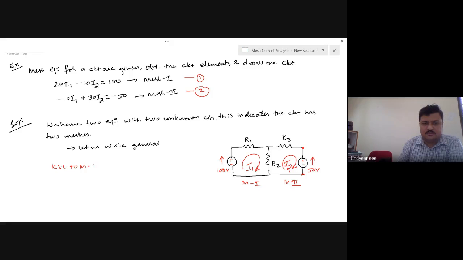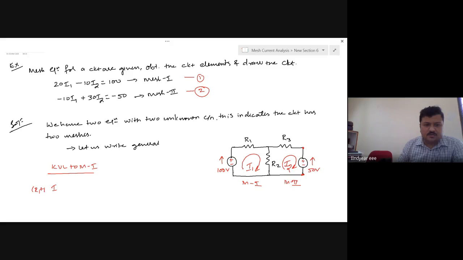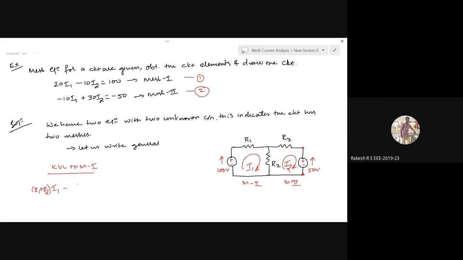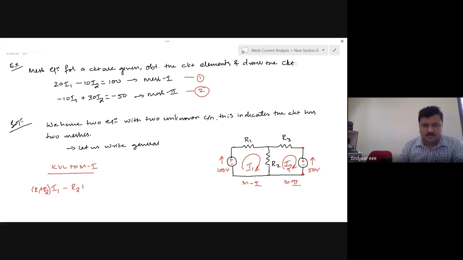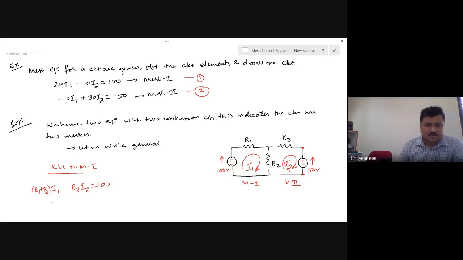KVL to mesh 1, from the inspection method: (R1 plus R2) into I1 minus R2 I2 is equal to 100.